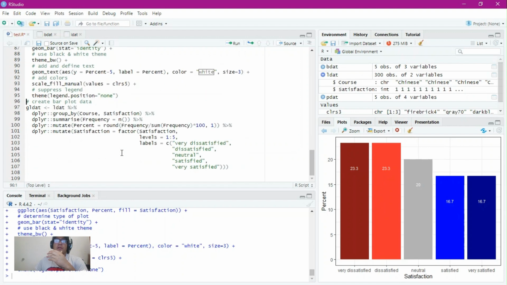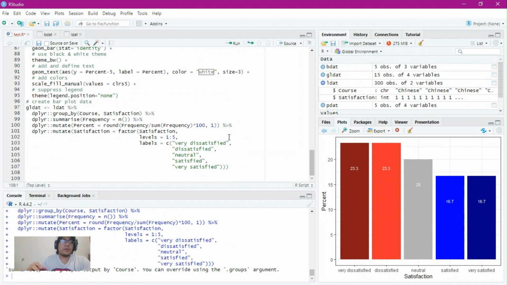It's more understandable, but we can measure it with groups like this.